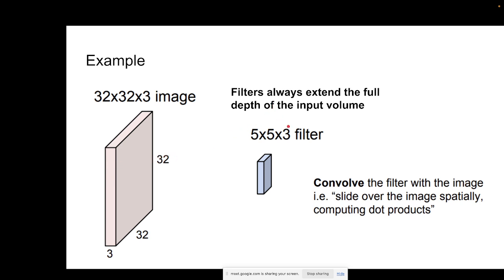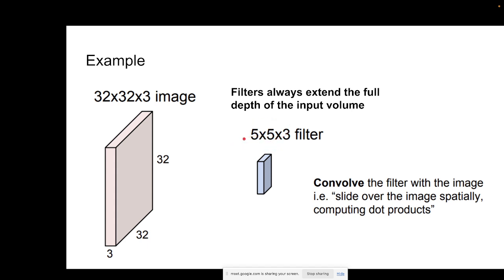So always follow this: whatever your input image's number of channels is, that can be 3, suppose it is 10,000, even then your filter size will be 5x5x10,000. So this and this, they should match. The first two are up to you.